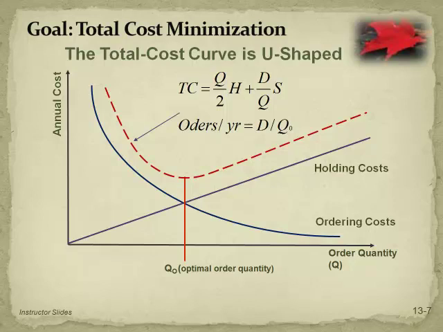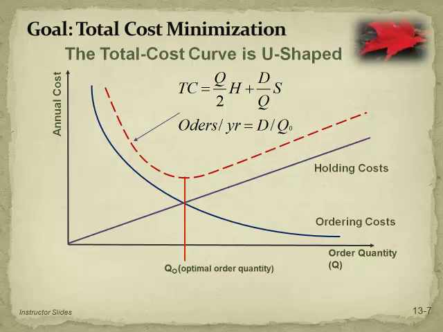So this slide shows the two cost information. The holding cost is a linear function, a straight line. The larger the quantity that we order, the greater our average inventory will be, and therefore the greater our holding costs will be.